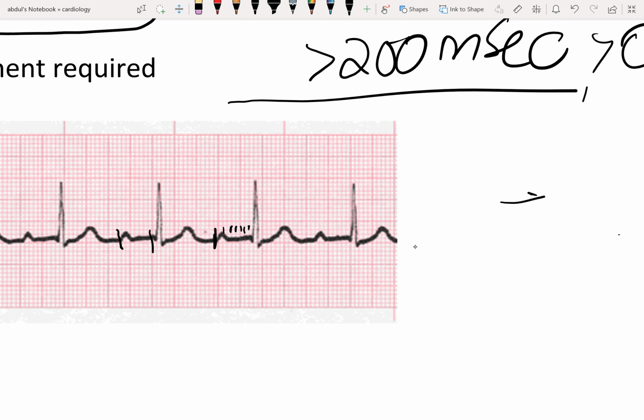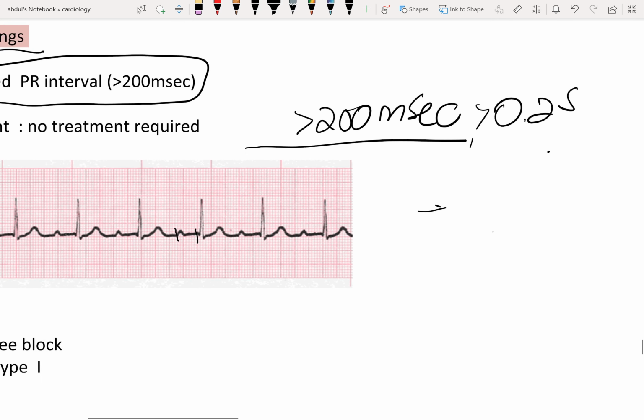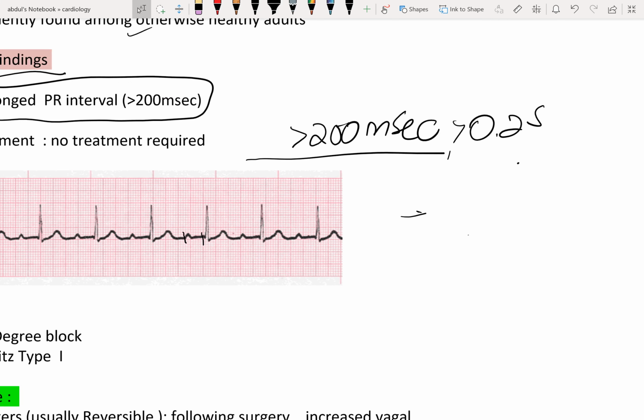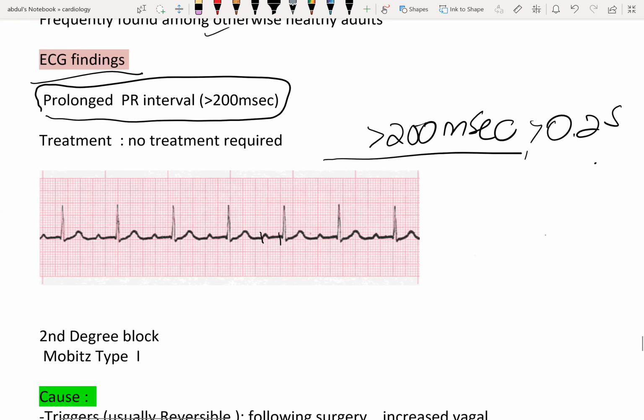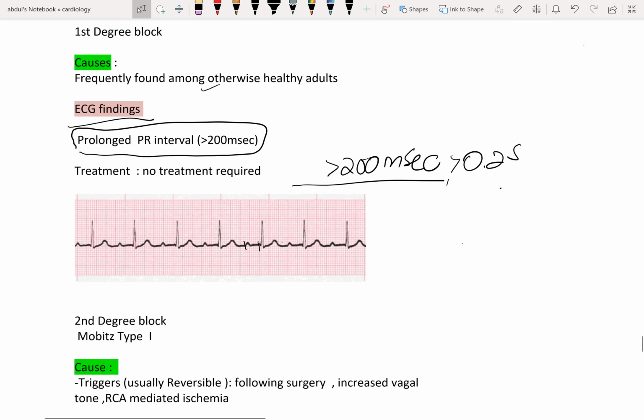So of course it's greater than 0.2 seconds or 200 milliseconds, and that's why its PR is prolonged, and we refer to it as first degree block. However, you have noticed there's only prolongation, nothing else, no drops in QRS, nothing other than prolongation. That's why we refer to it as first degree block, and no treatment is required.